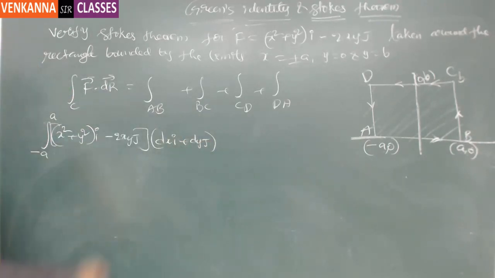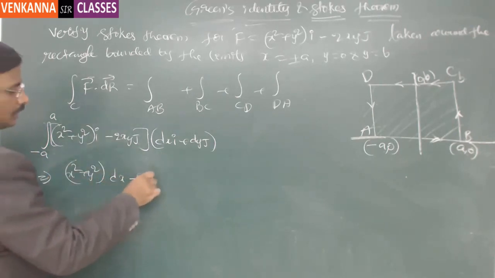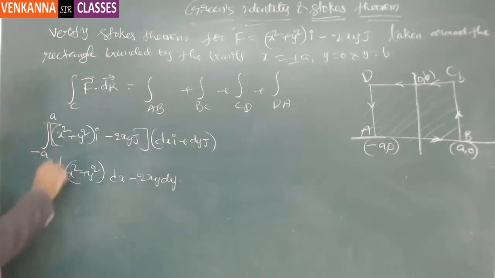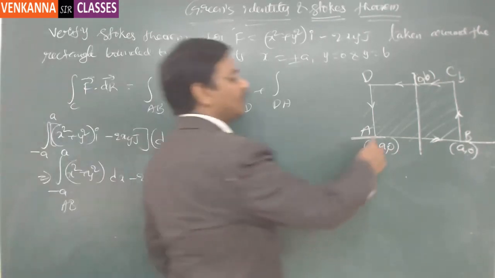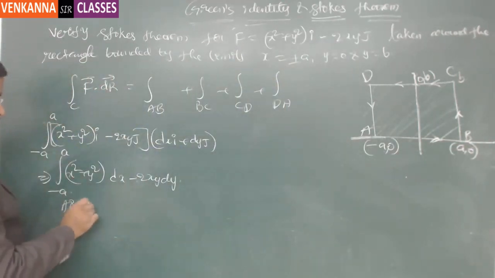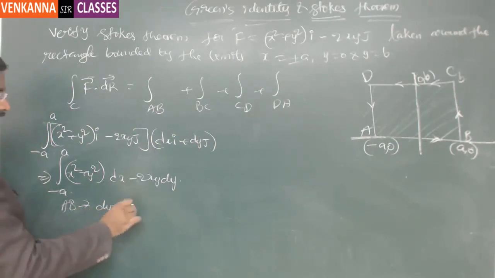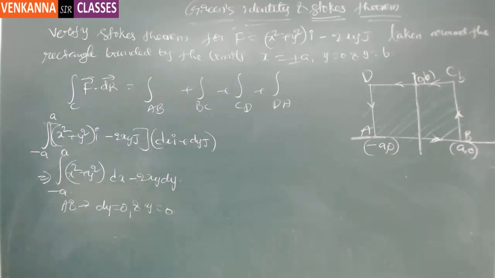So this value is the integral from minus a to plus a of (x square plus y square) dx minus 2xy dy. Now for this line AB, there will be a change in the value of x, but there won't be a change in the value of y. So y equals 0, because the line is at y equal to 0, and dy is 0 because there is no change along the line AB.